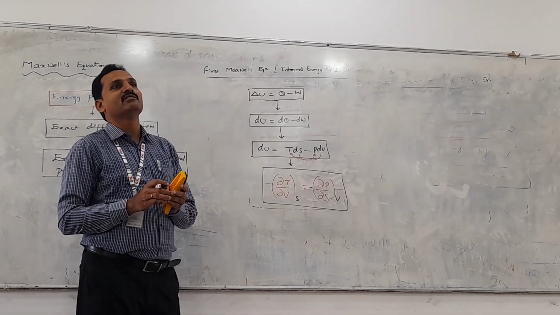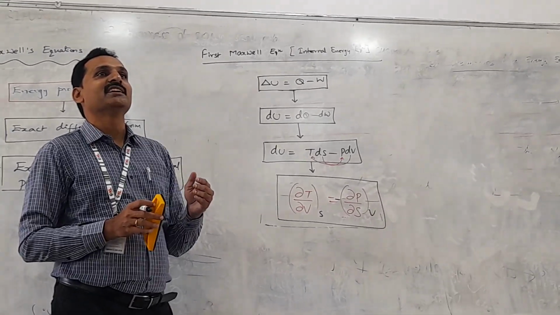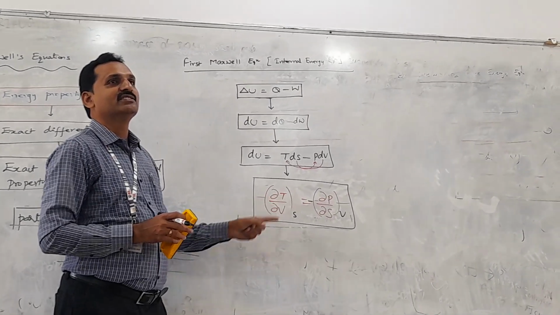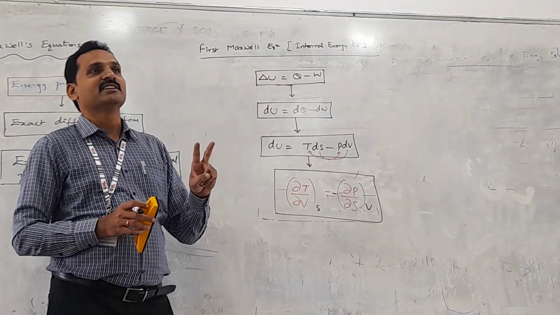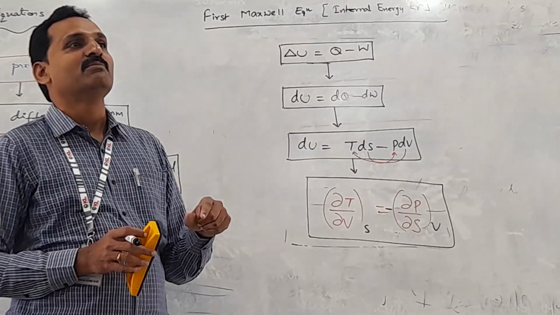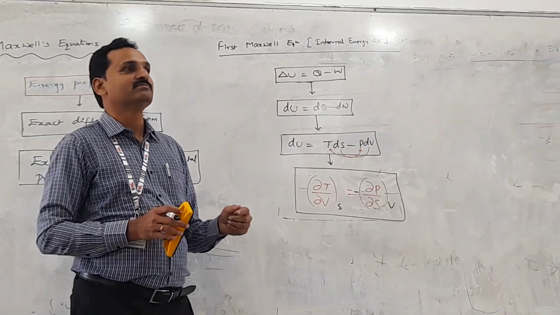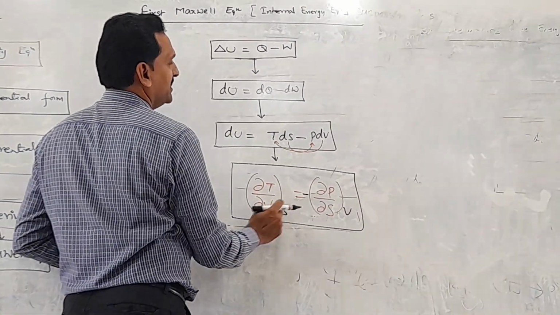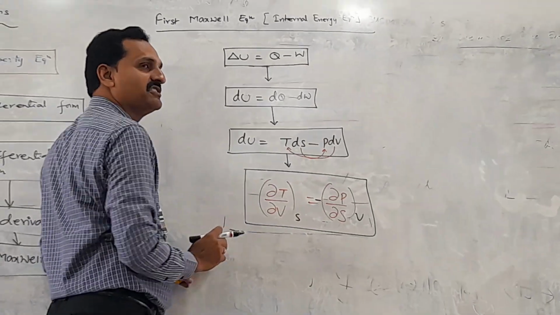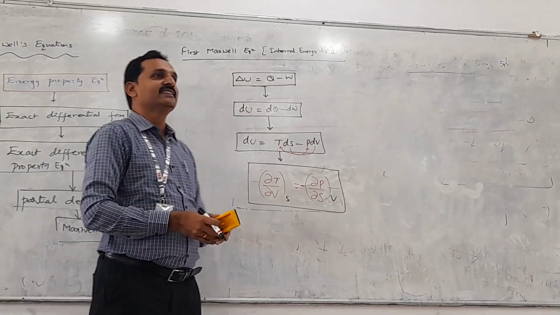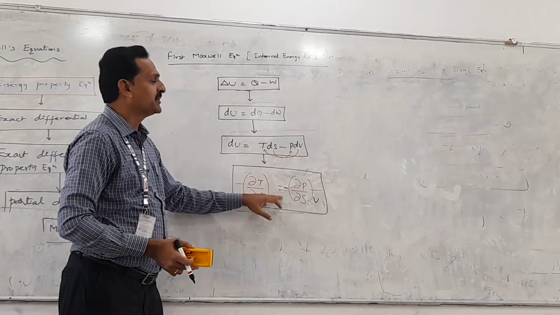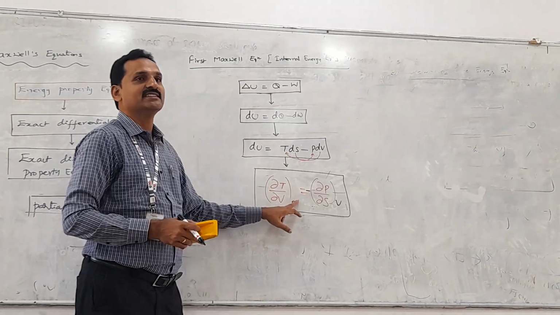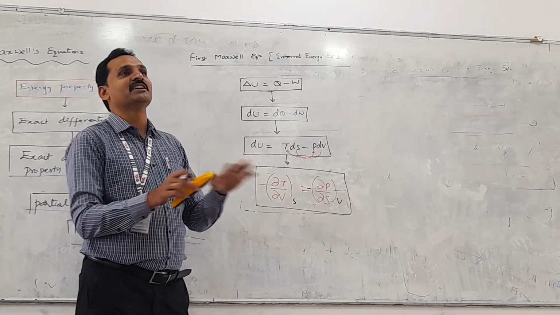Maxwell equations are always in terms of partial derivative form. Apply the exact differential, apply the partial derivative, apply the dou. Dou T by dou V is equal to dou P by dou S. Actually, there are 20 steps of mathematical equations in between. Those 20 steps are skipped.